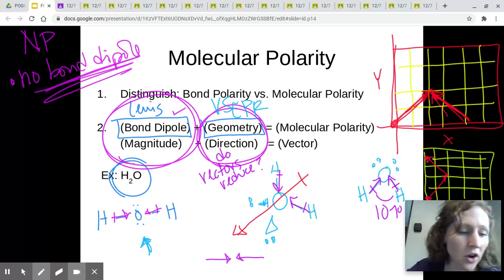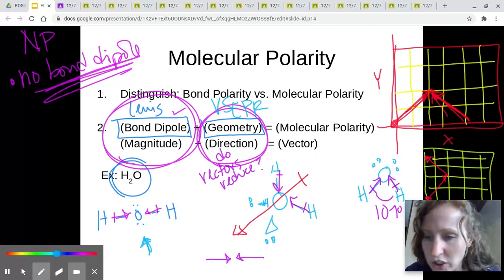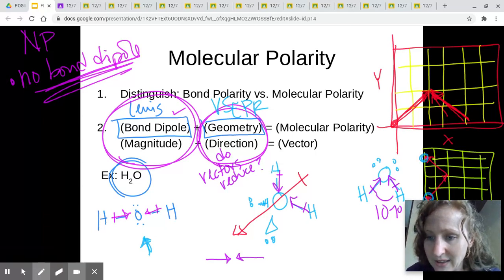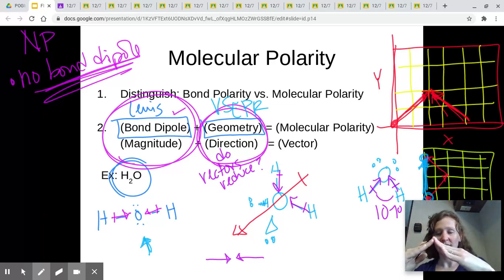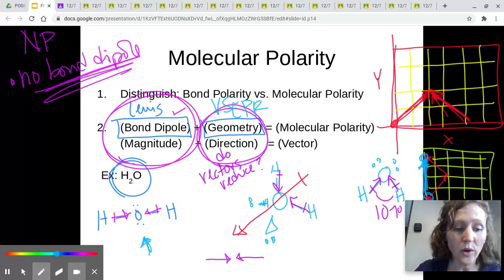And then if I go from my origin, from where I started to where I ended, if that is not in the same place, I am going to get an overall force. If my origin and my endpoint are in the same place, however, then I would get no dipole.